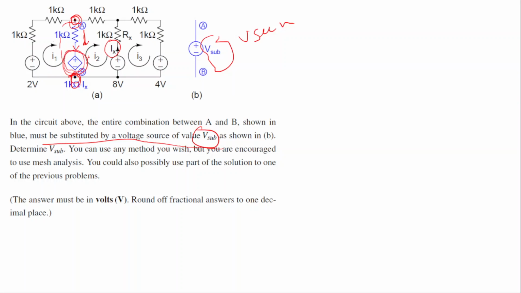So VAB will be equal to minus 1k times (I1 minus I2) plus 1k times Ix. You need to calculate this, and this is the substituted voltage source. Is there any confusion in this?